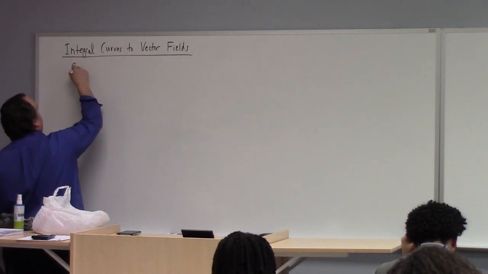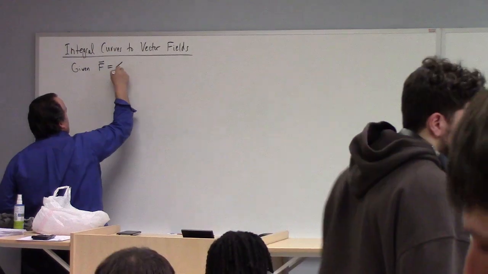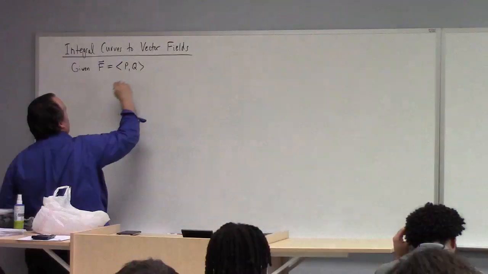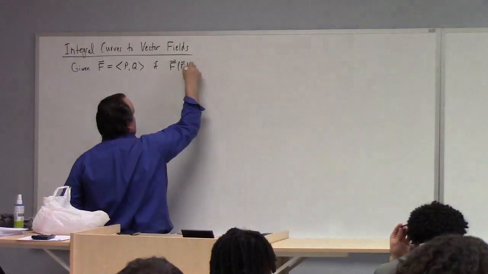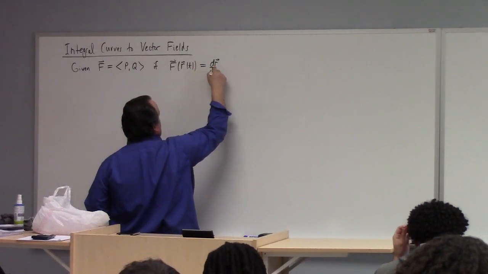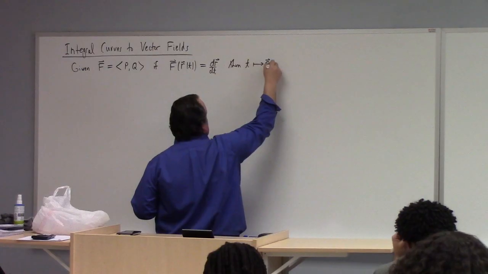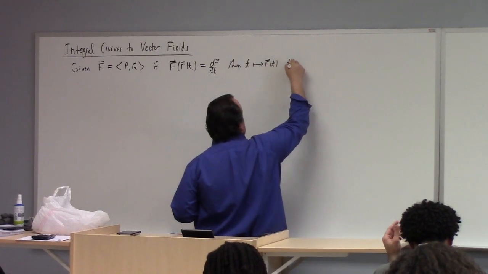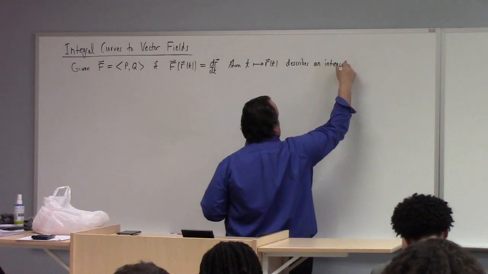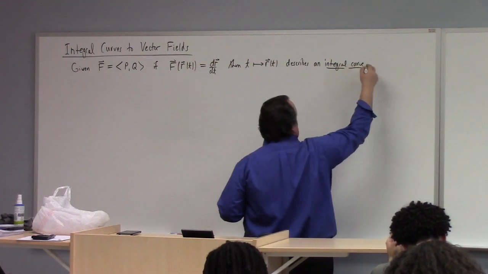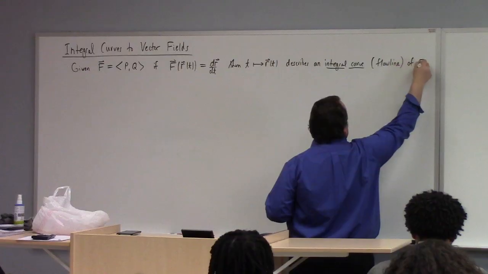So, given your vector field, which let's say has P and Q components, if you have F of r of t is equal to dr/dt, then t maps to r of t describes an integral curve, or if you like, a flow line of the vector field, right?